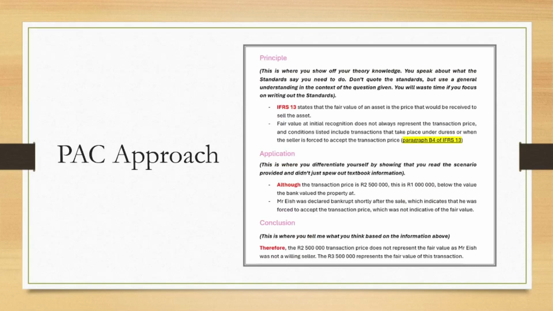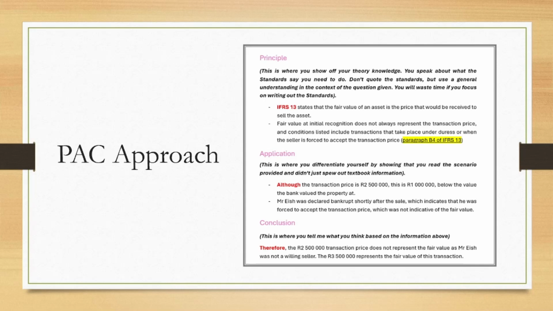The one before was focusing on the principal versus the most advantageous market, whereas this one is focused more on what price the asset is sold at, and what price the asset is received at being the fair value. So I did say IFRS 13 states that the fair value of an asset is the price that would be received to sell the asset.